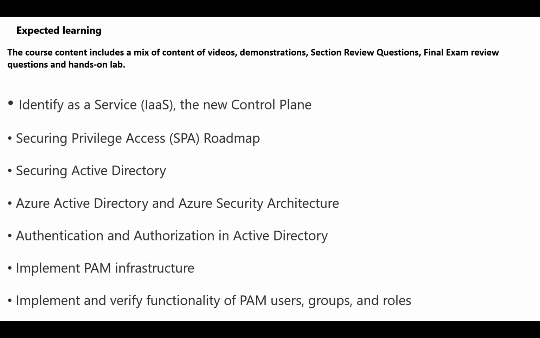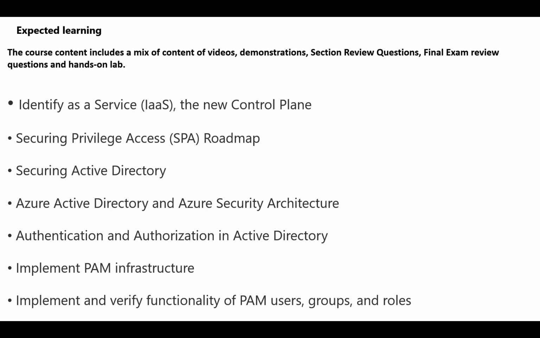After completing the course, you will be able to identify identity as a service, and you will be able to describe the new control plane, what it is, and how it works. You will be very familiar with the securing privileged access roadmap. You will be very familiar with securing Active Directory.